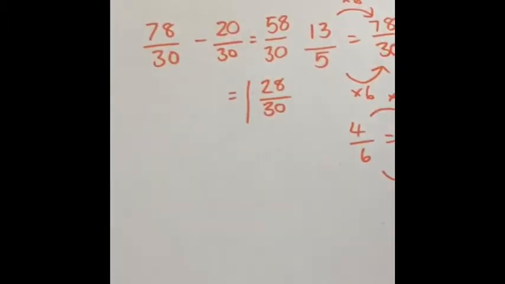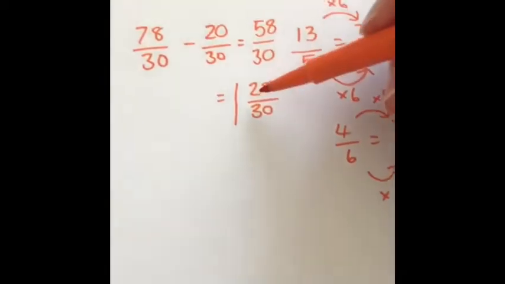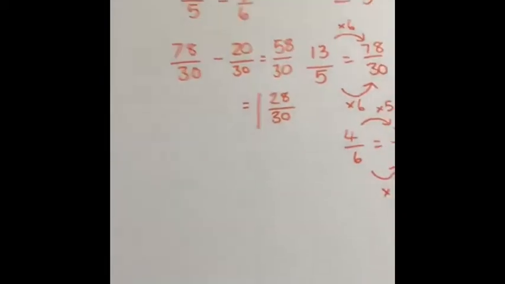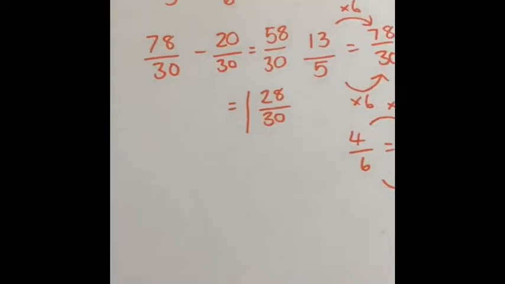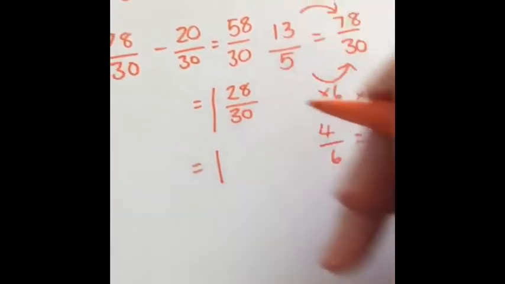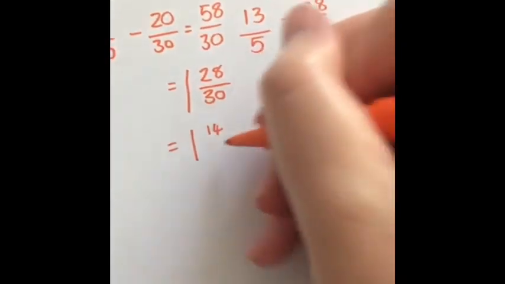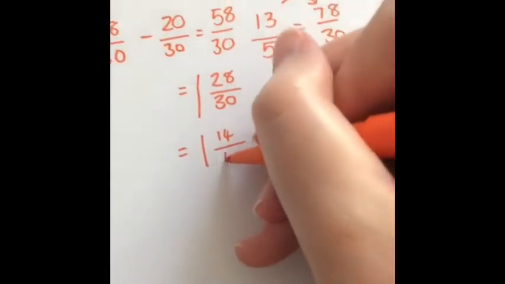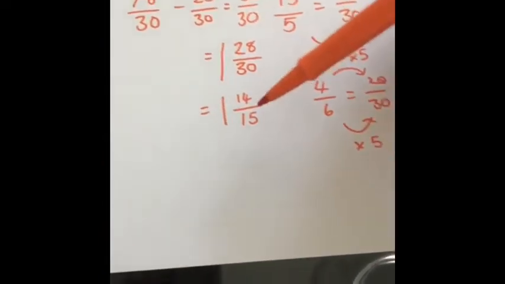Again, I could leave my answer as this, but using my math skills, I can see that they're both even numbers. Now, with even numbers, I know they can both be divided by 2. So 28 halved is 14, 30 halved is 15. So my final answer is 1 whole and 14 over 15.